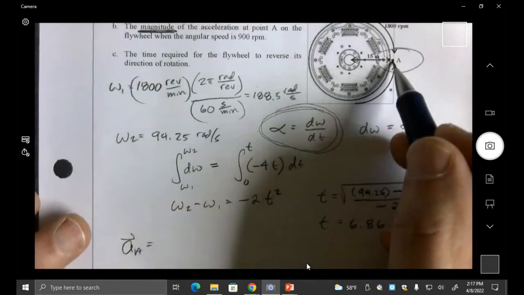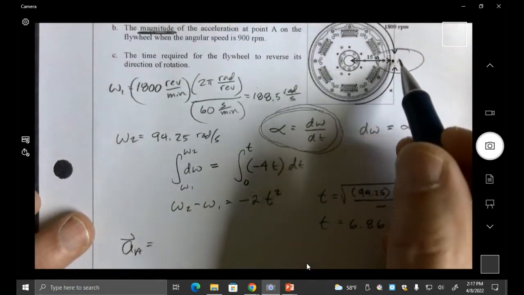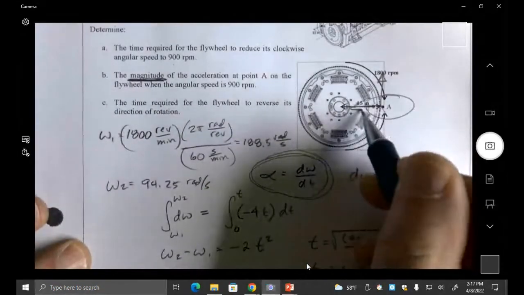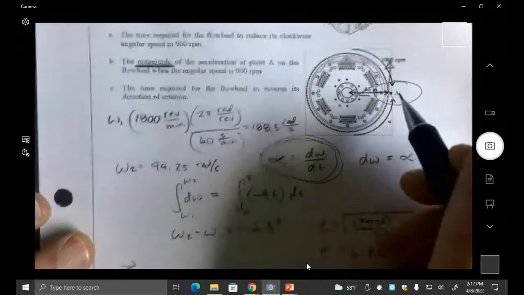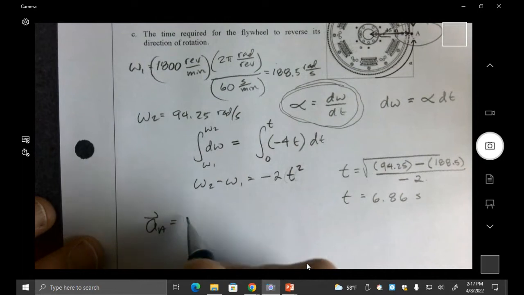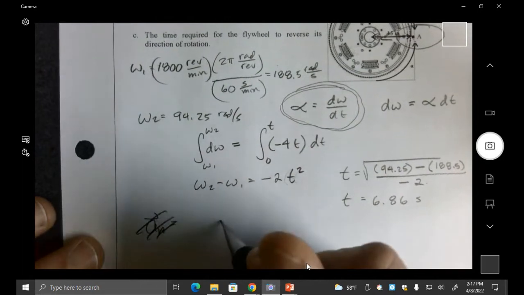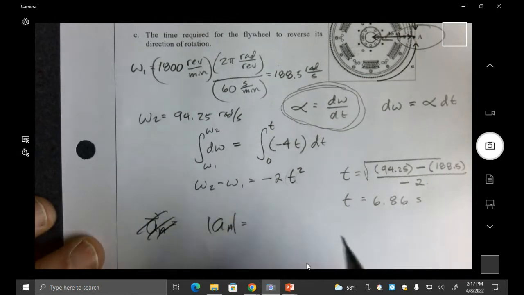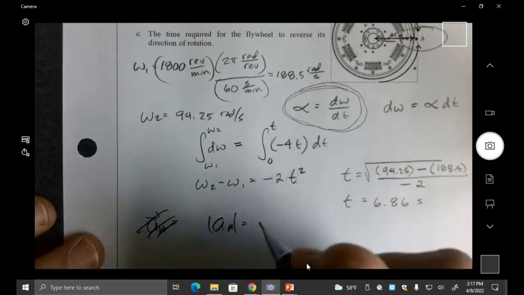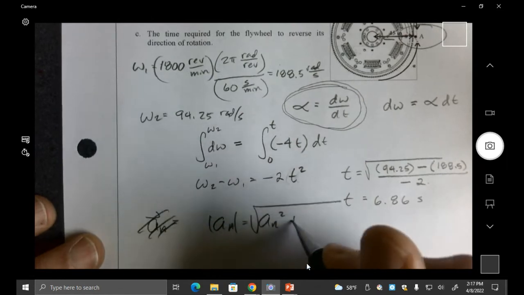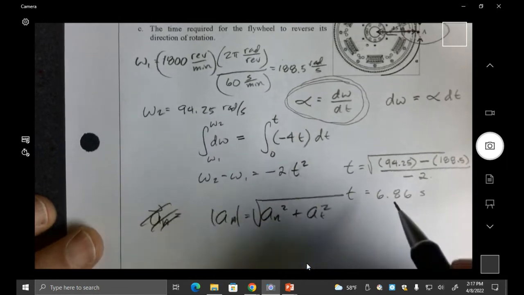In this case, the tangential one would be upwards, and the normal one would be inward. I was thinking about how to write it out as a vector. Anyway, we'll have a_n squared plus a_t squared.